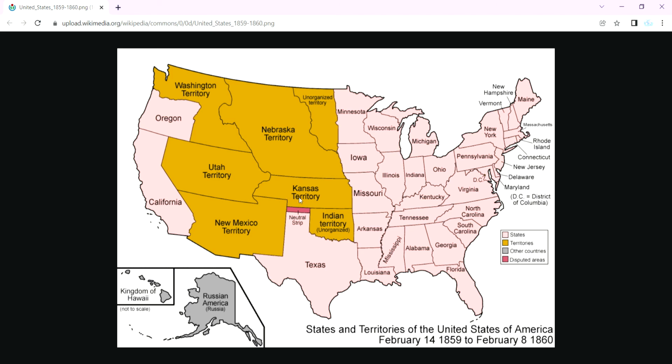And as a result, they became part of the Union again. They were forced back into the Union, and slavery was outlawed completely after that. Not just in the Confederate States, but also in states like West Virginia, Kentucky, and Missouri. It was completely outlawed, thankfully, and the states complied.